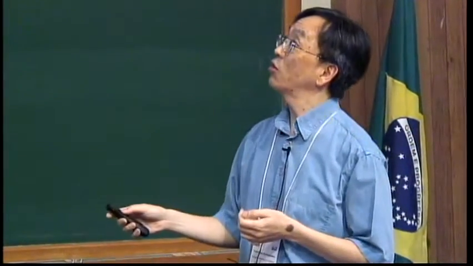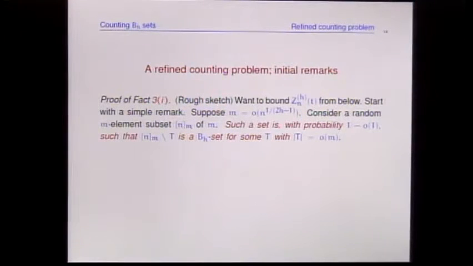The number of conflicts is very small, so that typically a set of m elements, for such an m, is such that I can remove some set, which is of smaller order than m, and make the set a B_h set.